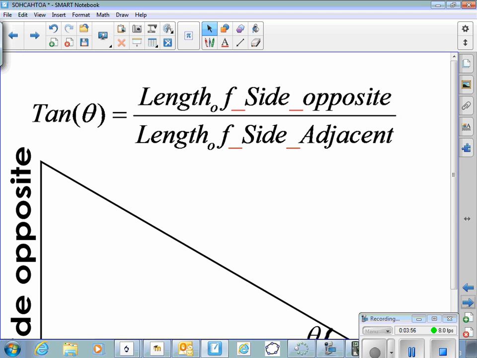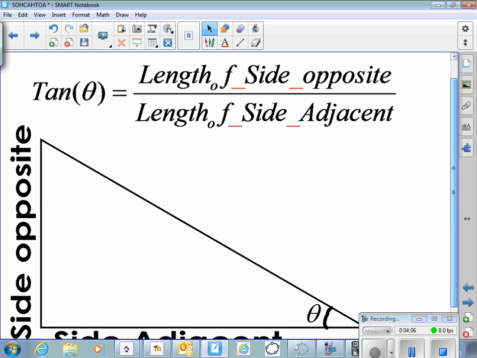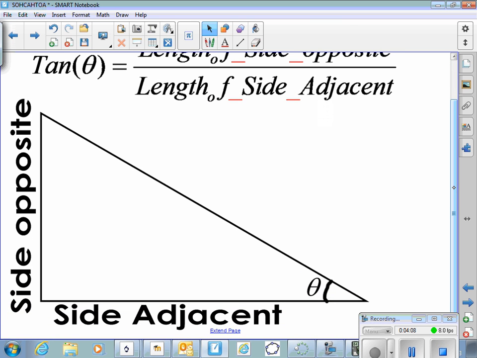Let's move to tangent. Tangent of theta is equal to the length of the side opposite over the length of the side adjacent. So there's no hypotenuse in that. So for this tree example, it works even better. Let's go to an example. Opposite over adjacent.